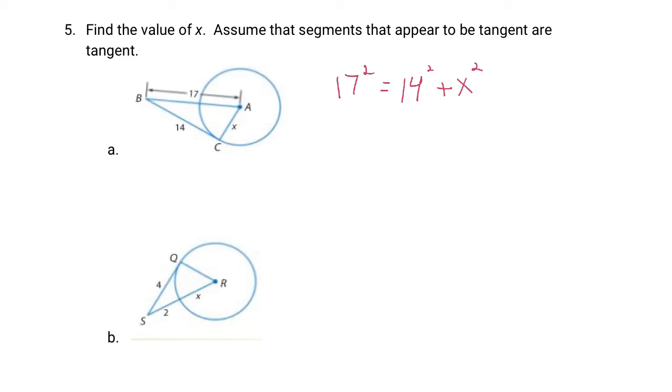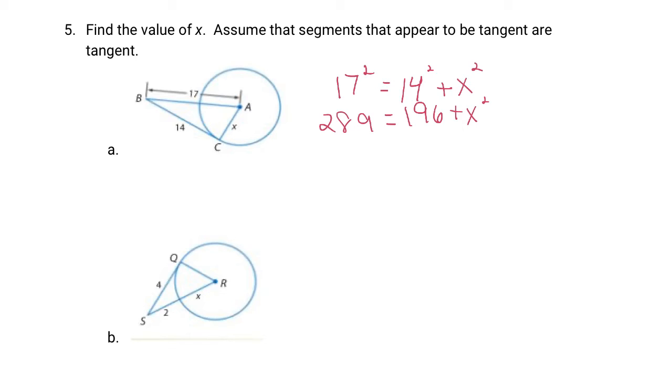So 17 squared is 289. And that's going to equal 14 squared, which is 196, plus x squared.